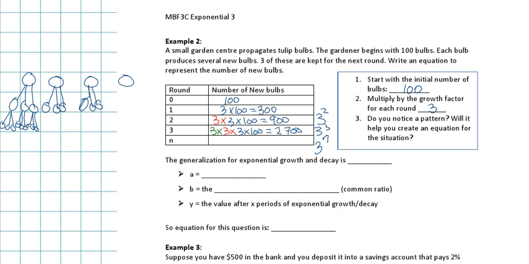Initial value. Okay? So it's always multiplied by your initial value, which is the 100. So that means my equation is 100, my initial value, times 3 to the power of n.